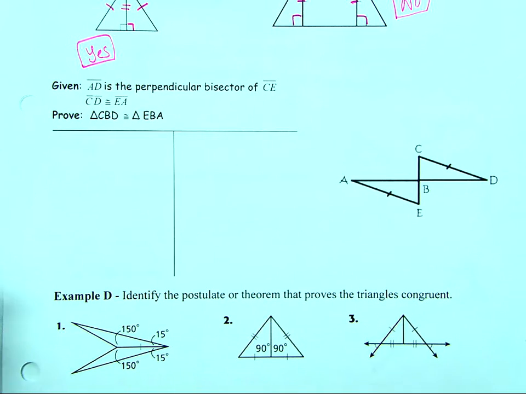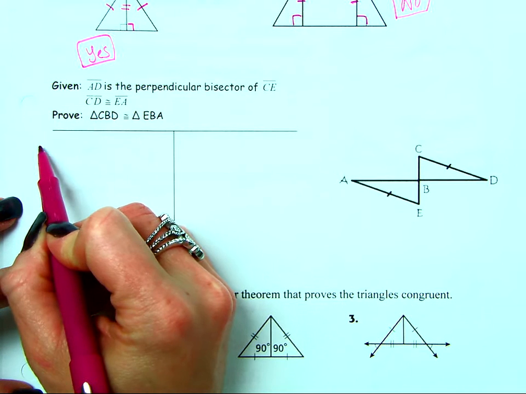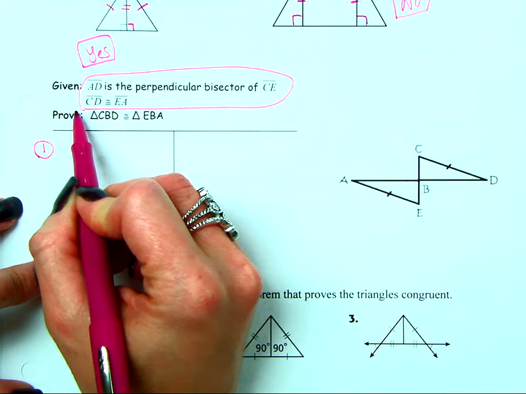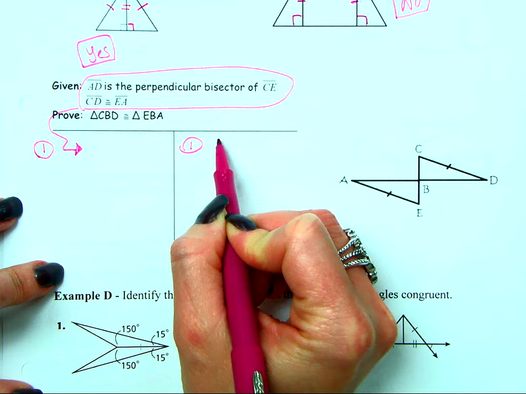As I take a look at writing a proof down below, I can see that we're trying to prove our triangles congruent. In this case, they do tell me that I have some perpendicular bisectors.